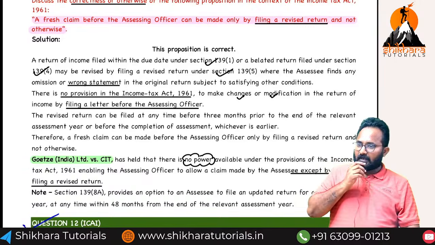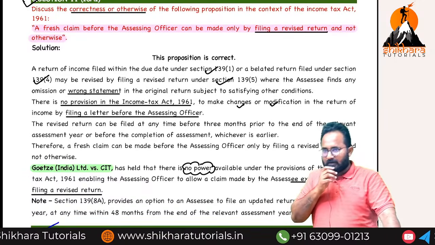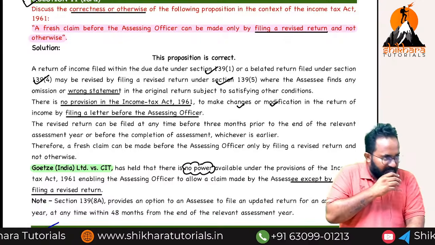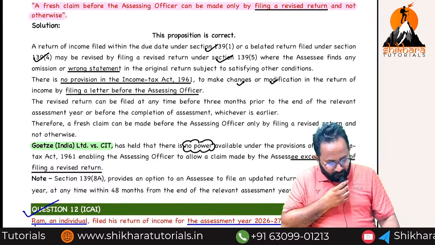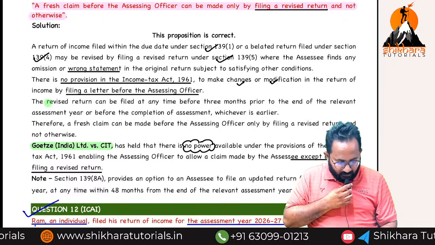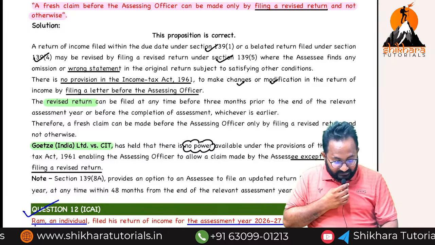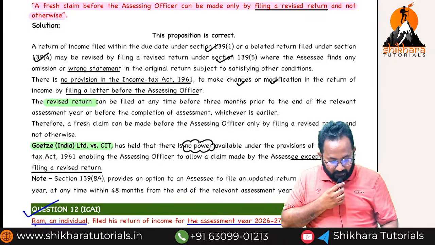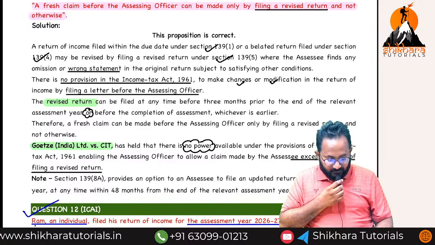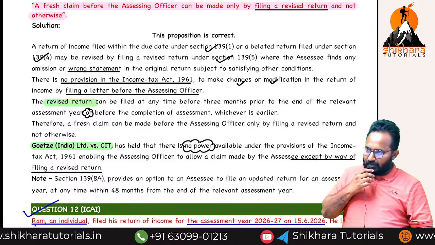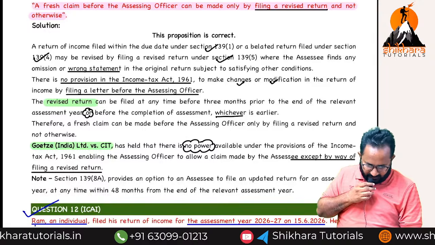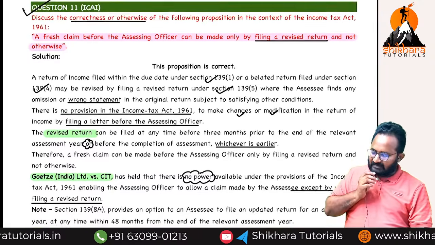Letter. Sir, if you are sending a letter or statements or revised computation, that cannot be considered as a revised return. The revised return you have to file using the website. But what is the time limit? Before completion of assessment or 3 months prior to the end of the relevant assessment year, whichever is earlier. So is the statement correct or incorrect?